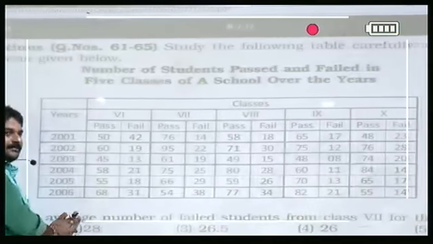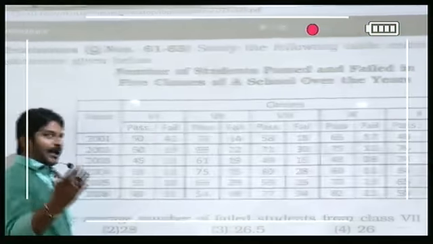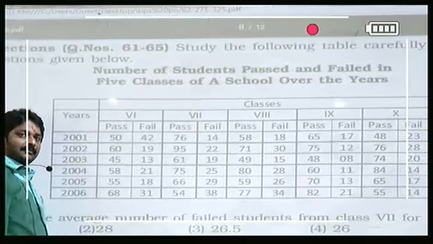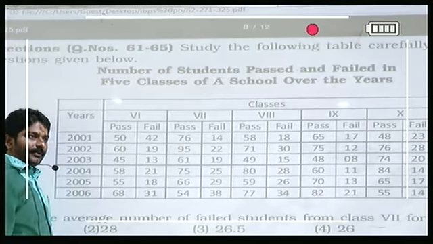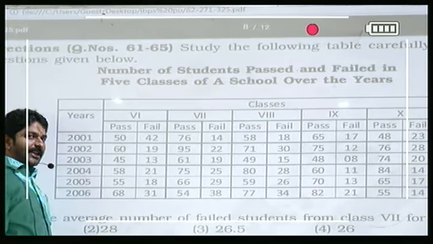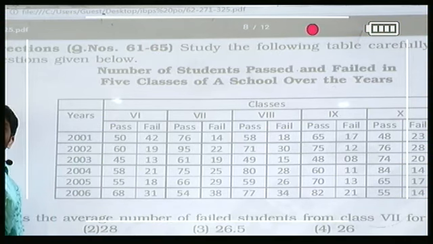Right? So in 6th class, which year data you have to take? Read the question. Which year data? All years together.